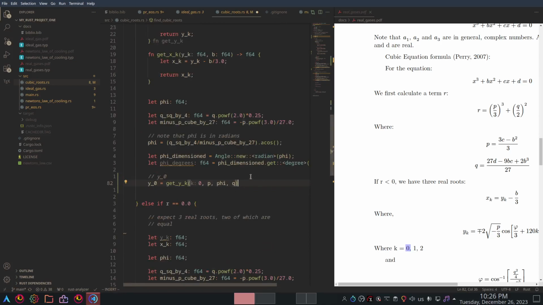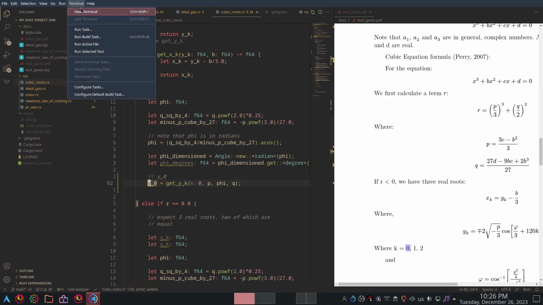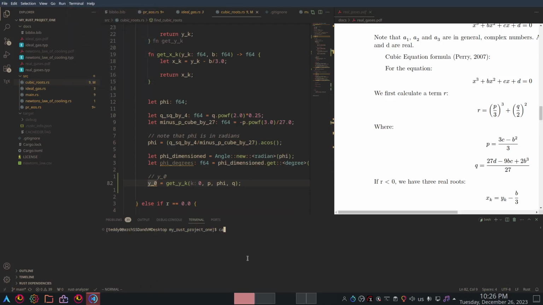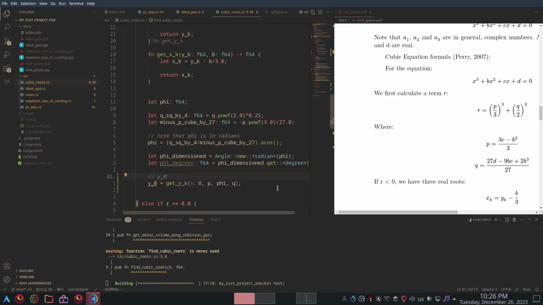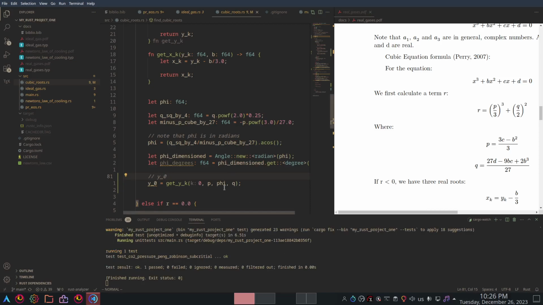I think that should be fine. And let me open the terminal, and I do cargo watch -x test. Yeah, this should build things up nicely. If everything goes well, this should not cause an error.